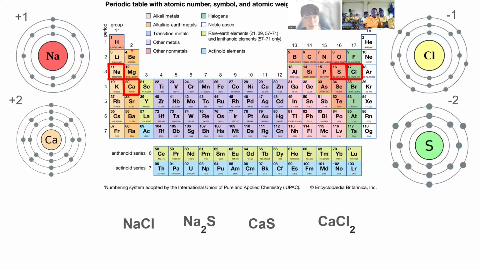We also have calcium, which is in column 2. It has 2 valence electrons. We also have sulfur, S, which is over here. It's in the 6th column, so it has 6 valence electrons. And chlorine has 7 valence electrons over here.